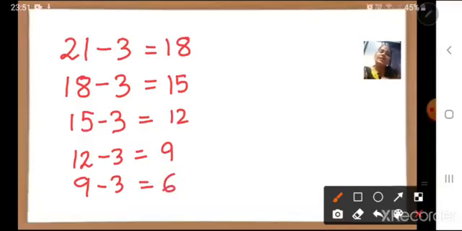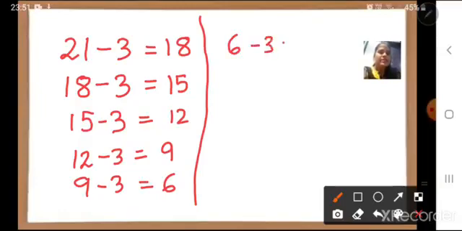Now 6 candies are remaining. 6 minus 3 is equal to 3. Now only 3 candies are remaining, so she will give those 3 candies also to her friend. So we will write here 3 minus 3 is equal to 0.